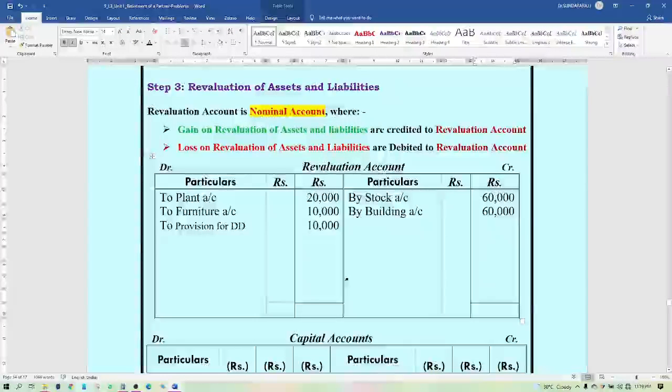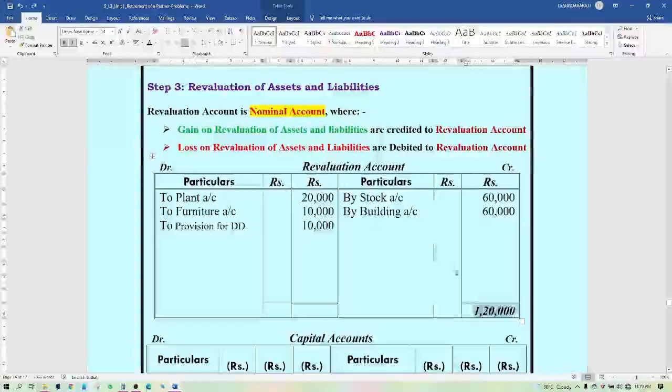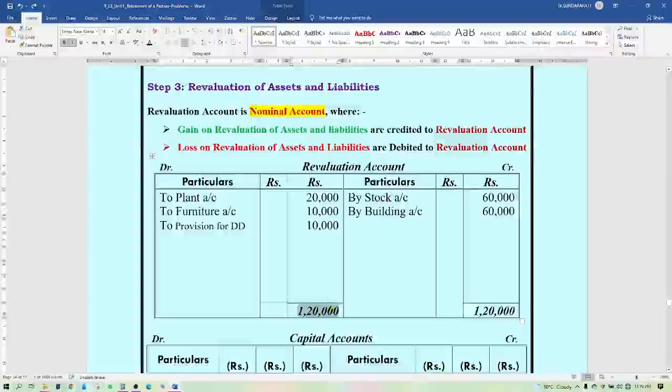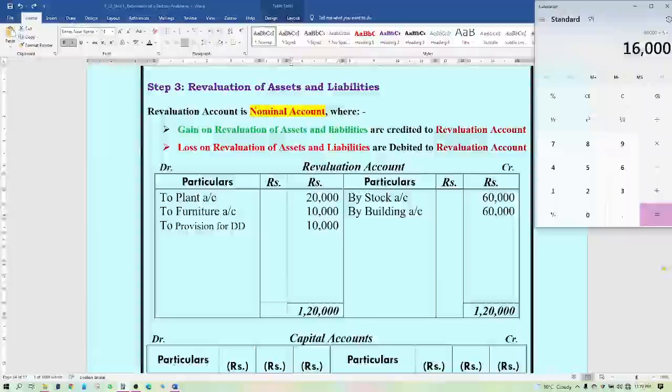Now we will close the revaluation account by seeing that the credit side of the revaluation account is higher than the debit side. The credit side total is 1,20,000. Therefore, the difference is 1,20,000 minus 20,000 minus 10,000 minus 10,000, that is 80,000.